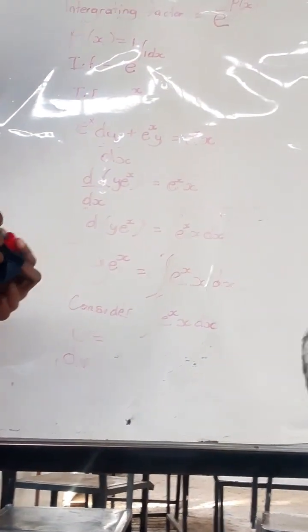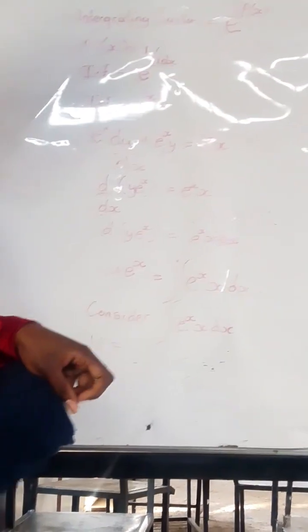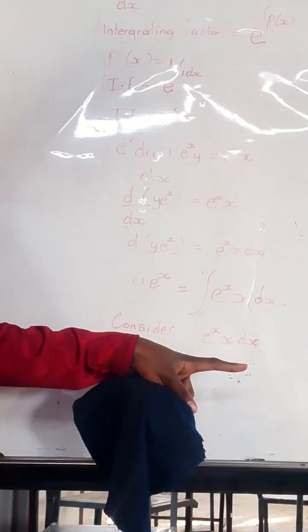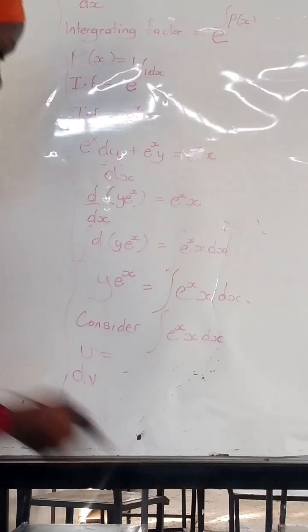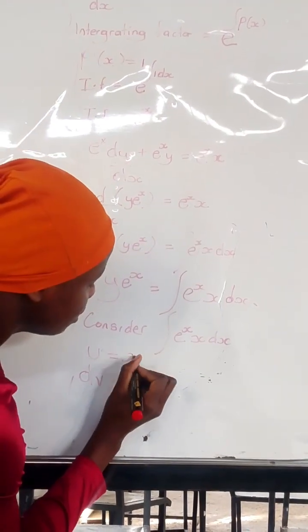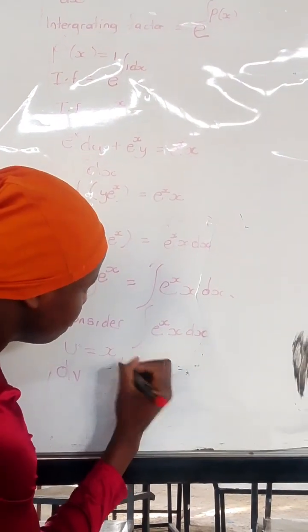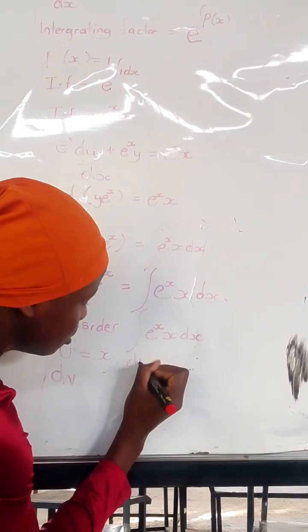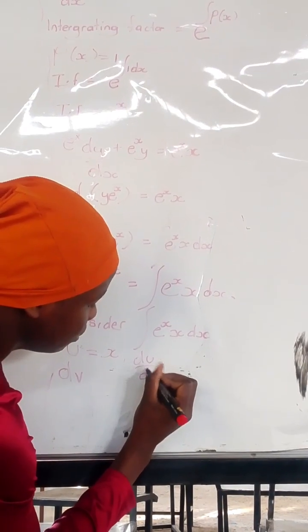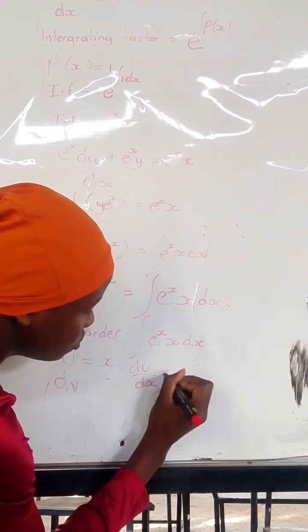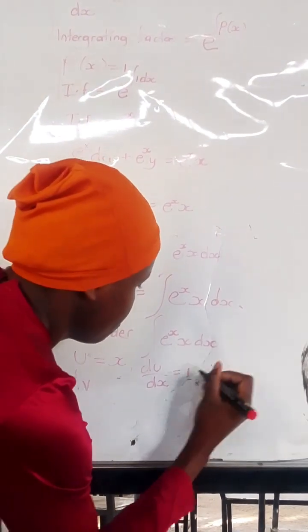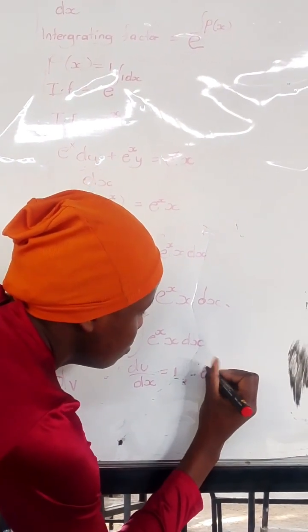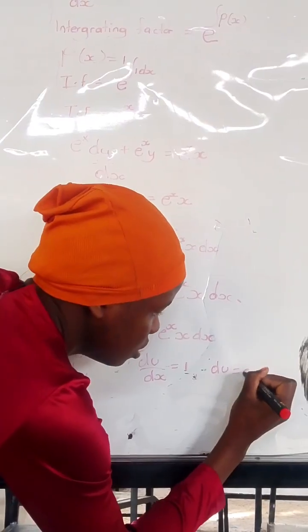From here, if we look here, our u is x. u is x. If we get du/dx, this will be a 1. Therefore, du is equal to dx.